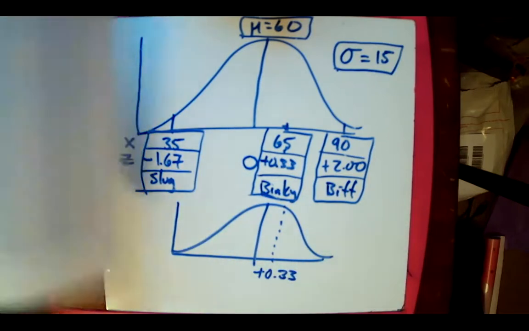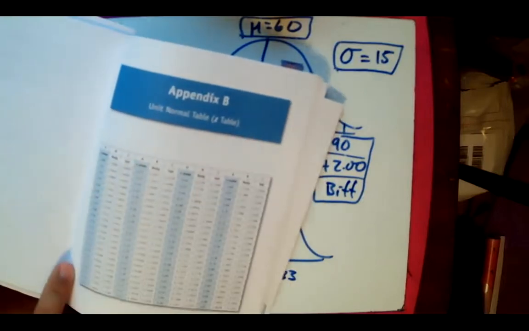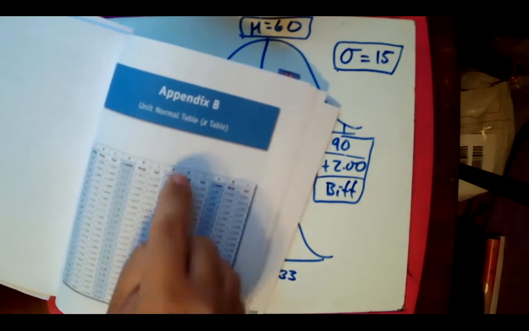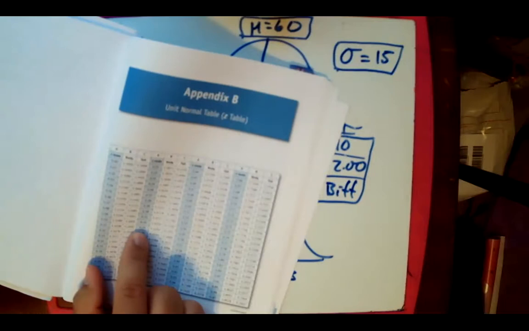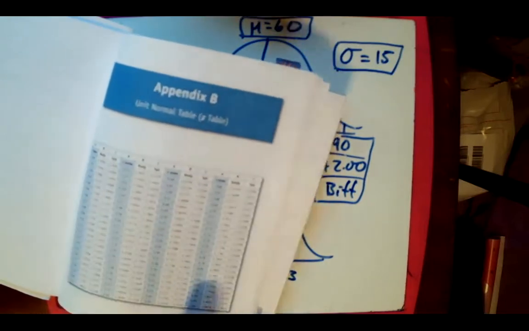So let's do the same thing now. Go back to your tables, and we're going to look up a 0.33. We're going to have to start on the first page here on 347. And in the blue columns where it says Z-score, look up a 0.33. And it looks like we got it right here in the middle of the second column. And it has body and tail again.